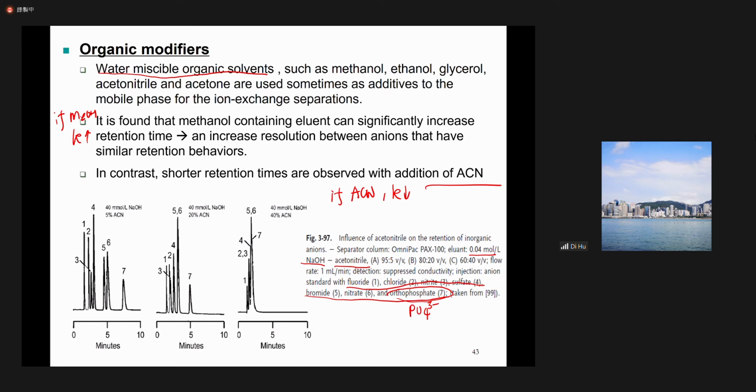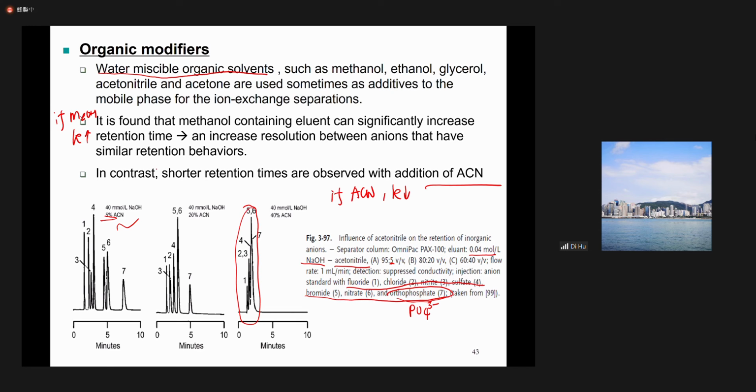You can see the acetonitrile, with the proportion of acetonitrile increased from 25 to 40, everything is squeezed out here. And 75% is the better one.